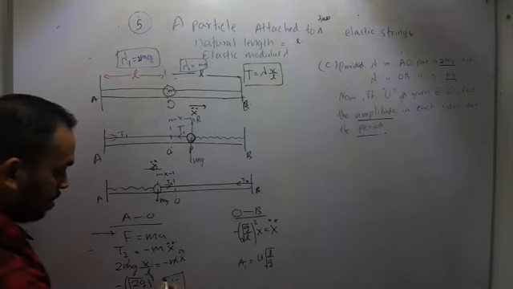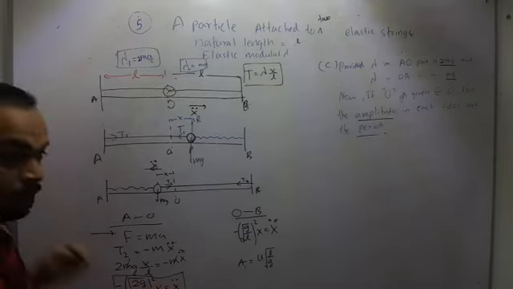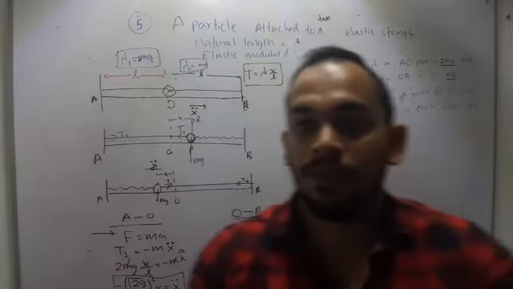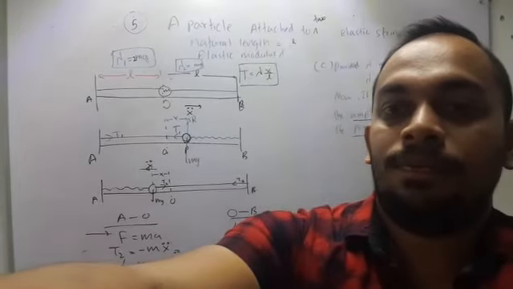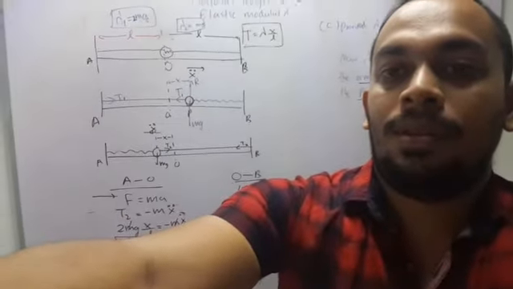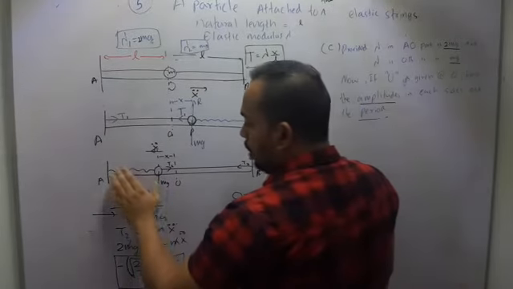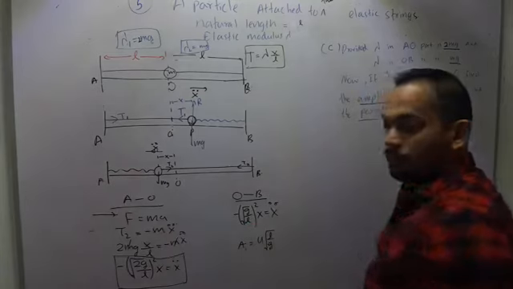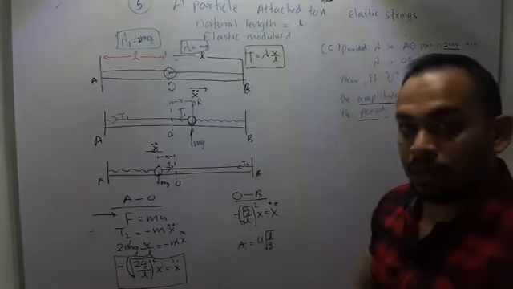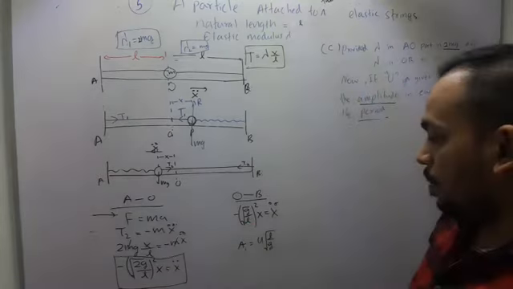This is the characteristic equation of the motion of the particle when the particle is on this side, AO. So notice here there are two different omega values.